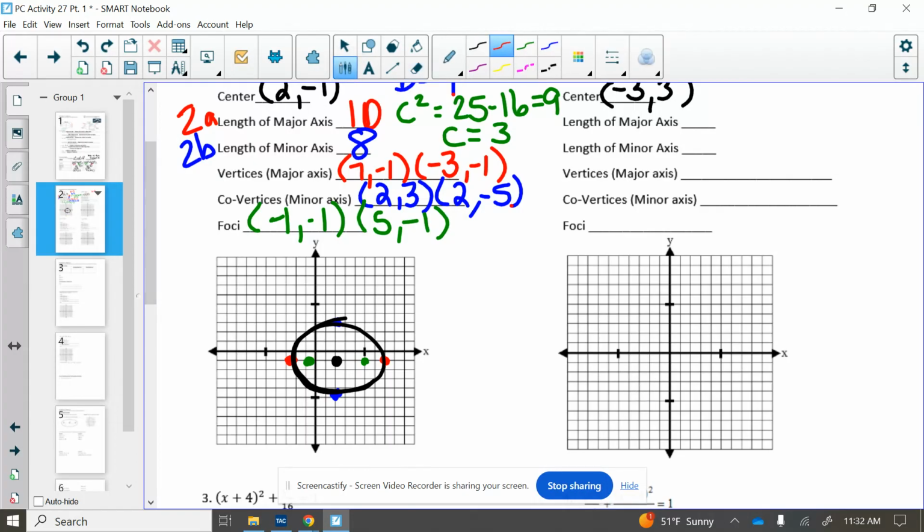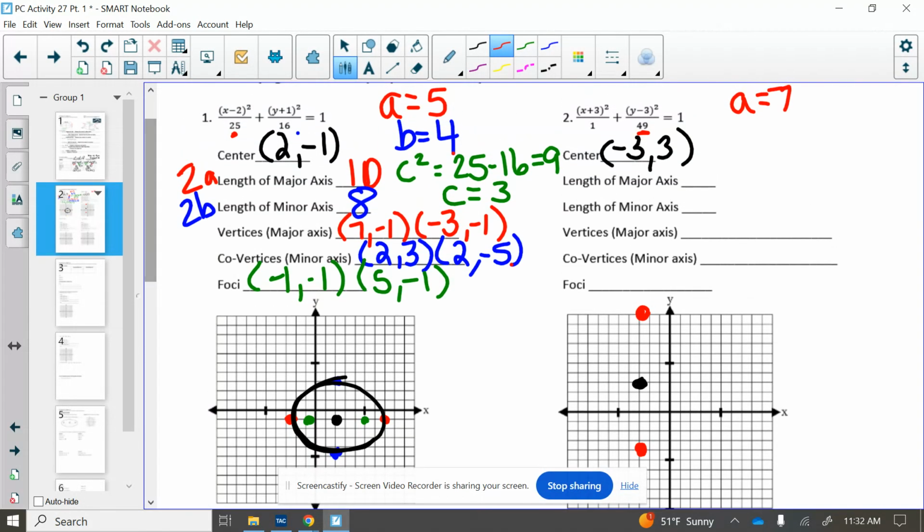Should actually be up here. 1, 2, 3, sorry, here. And we're going up 7 and down 7 from -3, 3, so that our vertices are at -3, 10, and -3, -4.